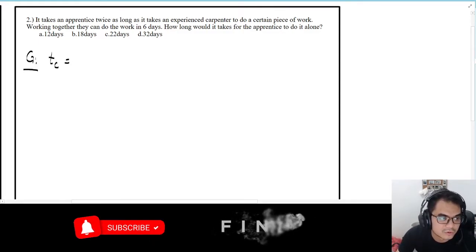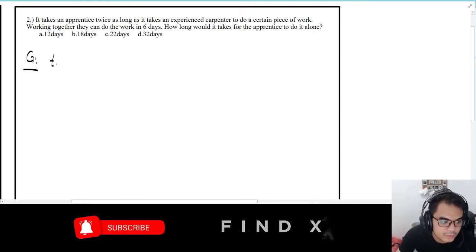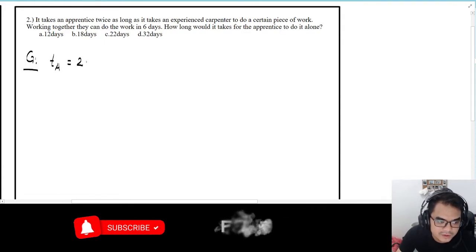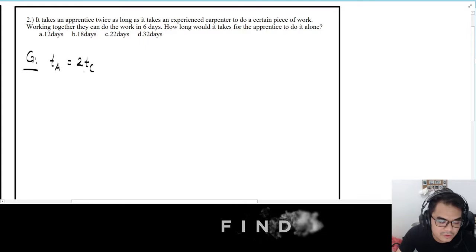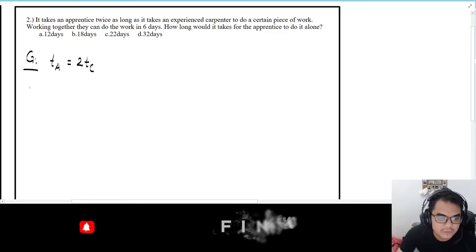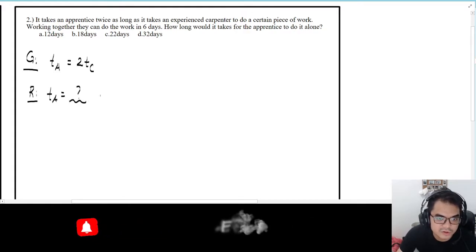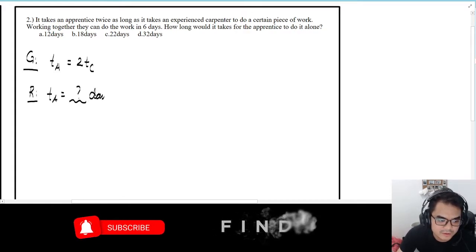The time for the apprentice to do the work should be twice the time for the carpenter, so TA equals 2TC. We are required to find how long for the apprentice, so we are required to find TA, which should be in days.